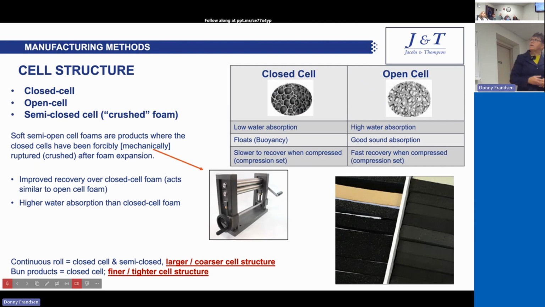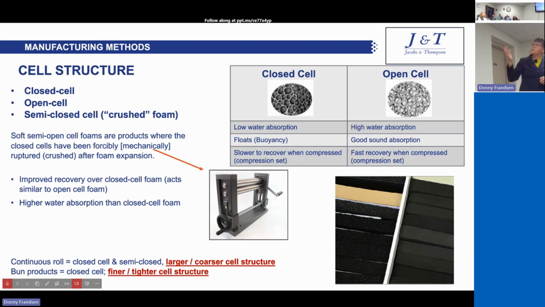All right, so we've got three kinds of cell structures: closed cell, which obviously doesn't allow water to go through; open cell, an example would be a sponge, where the water goes in and out and in and out; and semi-closed, which are mechanically crushed, softer foams that are actually broken to make them soft. They're broken using a very large set of metal rollers that actually puncture the cells.